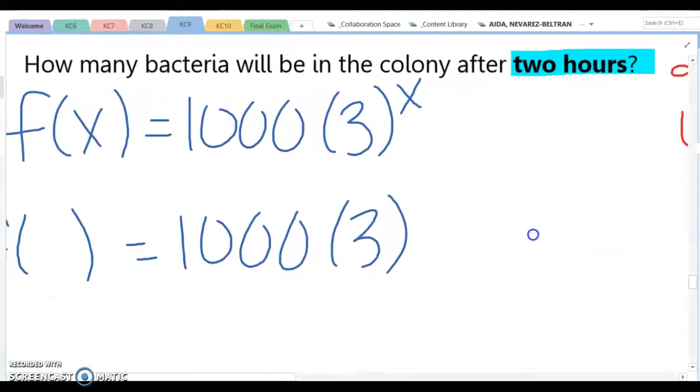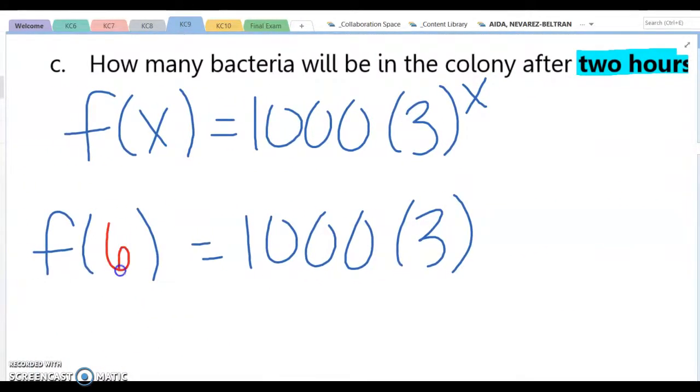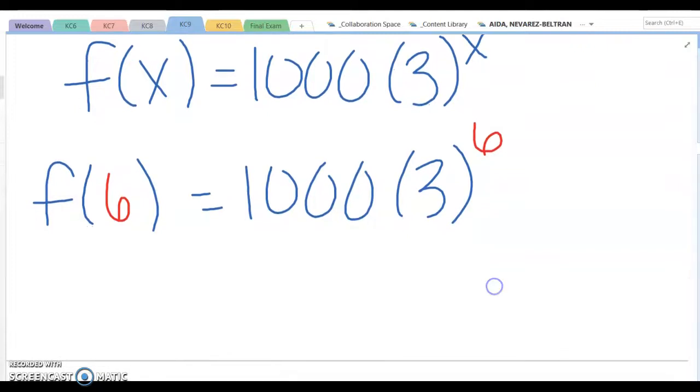So we're actually going to plug in 6 into our function, right? We wouldn't plug in 120 because that would mean we did 120 intervals. We don't want 120 intervals, we want 120 minutes, which then translates to 6 intervals. So that means we're doing 1,000 times, right?